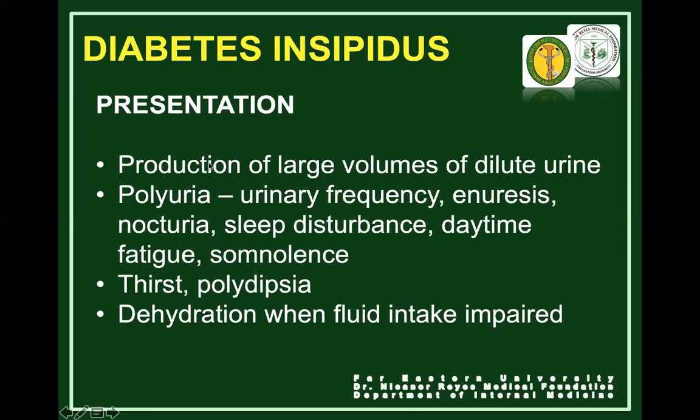Remember the large volumes of dilute urine, to differentiate from the polyuria that happens in diabetes mellitus, because in diabetes mellitus, usually it's not as dilute as what you see in diabetes insipidus. Because of this polyuria, you can have increased thirst and polydipsia. Okay, so you're thirsty, you keep drinking water. And because there's no antidiuretic hormone, you repeat the cycle of polyuria, thirst, polydipsia.